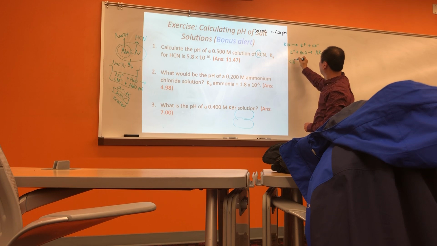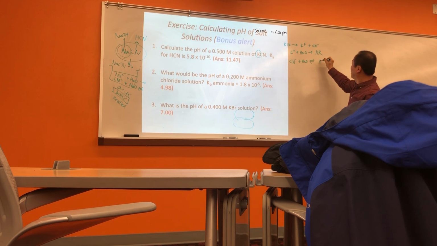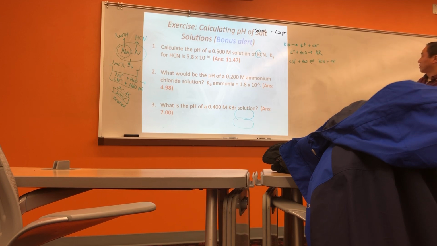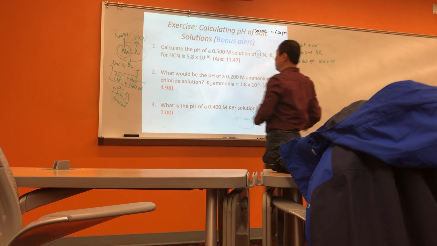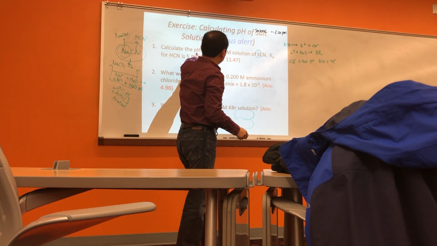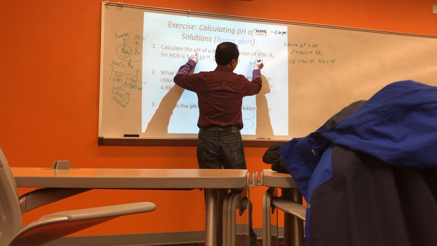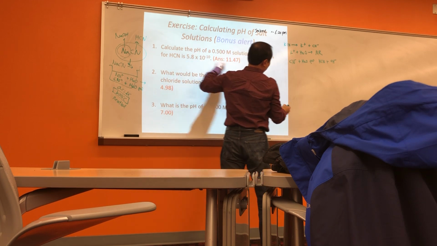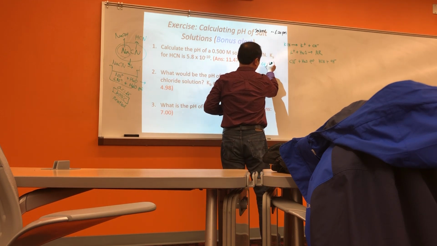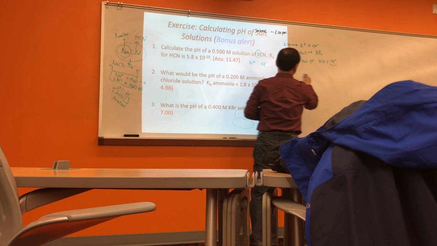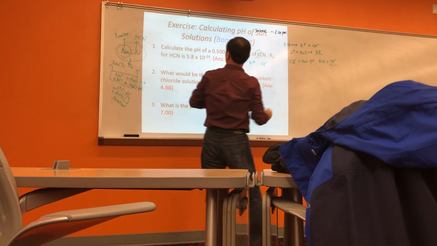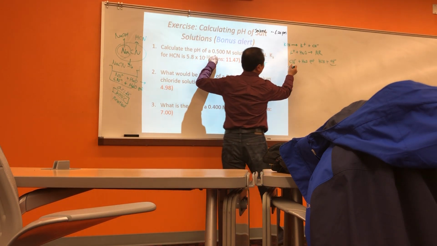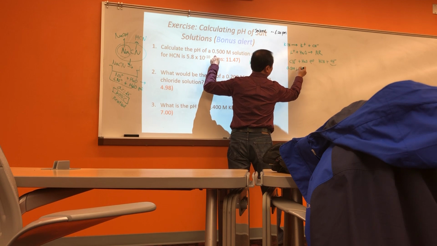So cyanide in water will reach equilibrium. To find the pH, we need to know H plus or OH minus. And then we have OH minus right there. The initial concentration of that guy is 0.500.